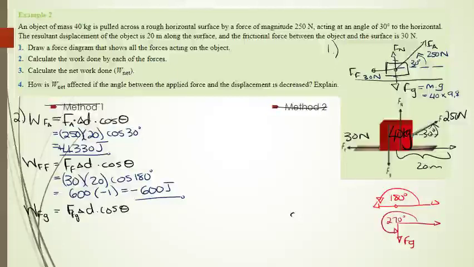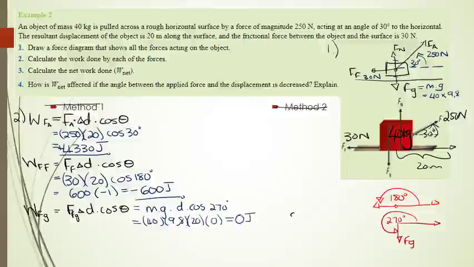So if we plug that in, we get mg times my distance times cos 270. Now if you put that into a calculator, you'll get 0. It doesn't matter what I substitute into this place. Even if I substitute everything in, we're going to get 40 times 9.8 times the distance, which is 20 meters, and cos 270 becomes 0. Anything multiplied by 0 is 0.